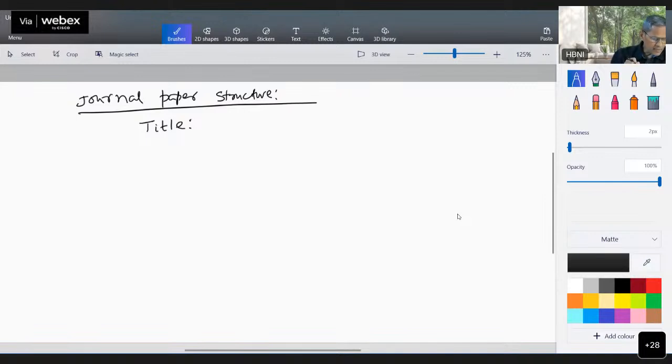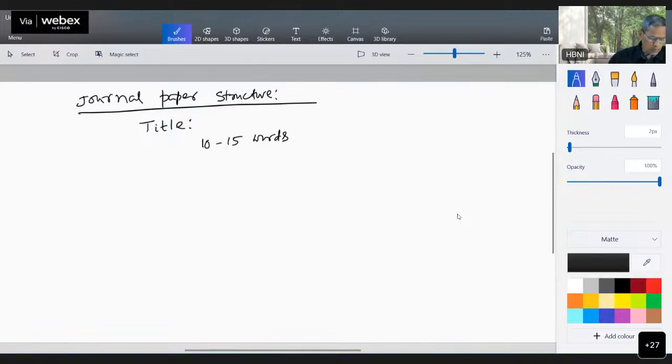And since a research paper is identified by its title, because when you want to search some research work, the keywords you search are taken from the titles. So some of those keywords should be there in your title. It should not be more than some 10 to 15 words.